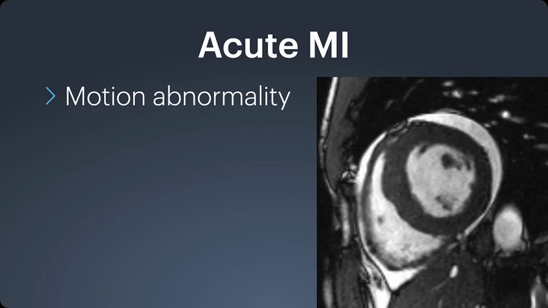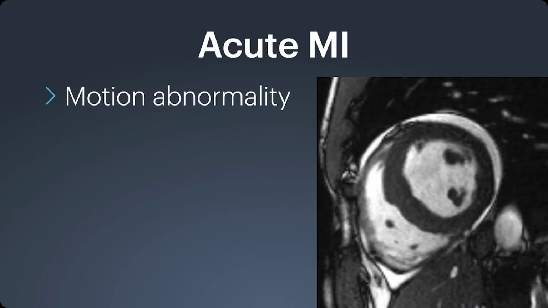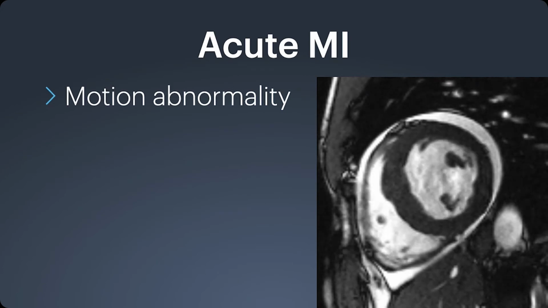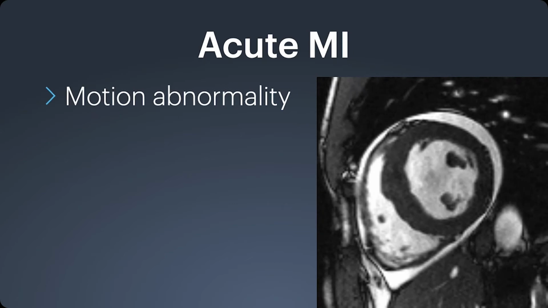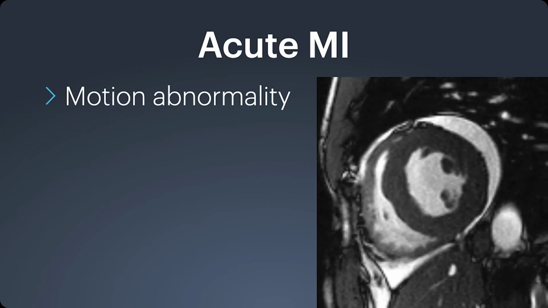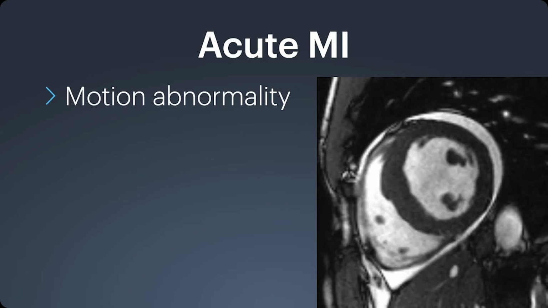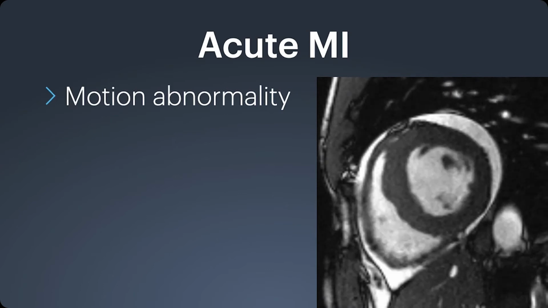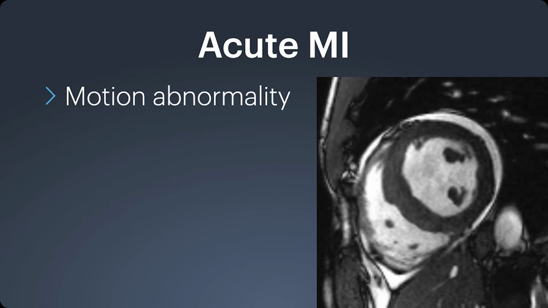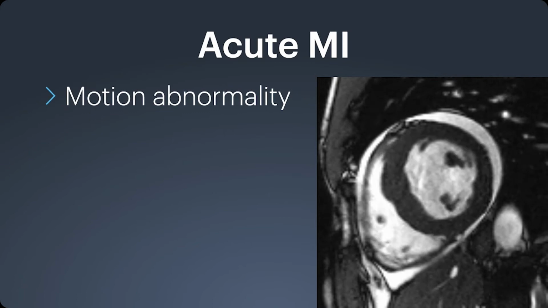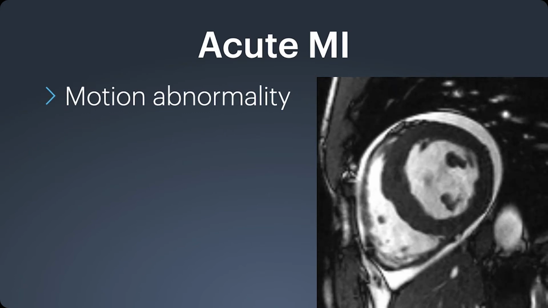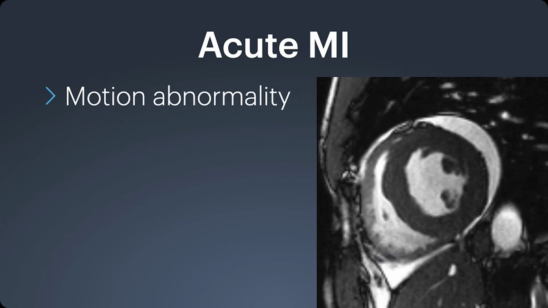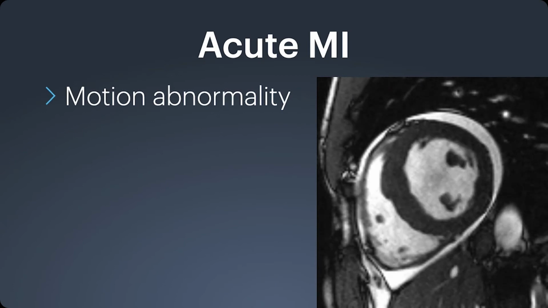Now, it's important to remember that we can differentiate between acute and chronic MI, and there is some overlap in the imaging features. And so, for example, this is a steady state free precession, and as we look at it, some portions of the left ventricular myocardium are contracting, but if you look at the septum in particular, it is not really contracting. There's no variability in its thickness during the cardiac cycle.